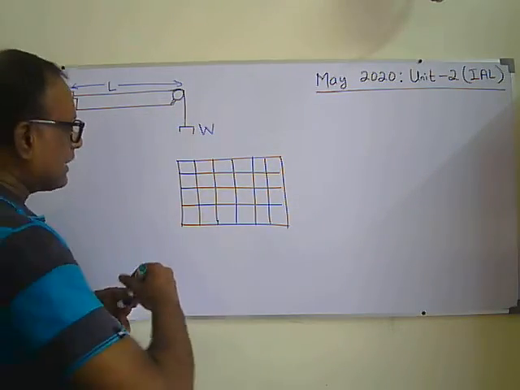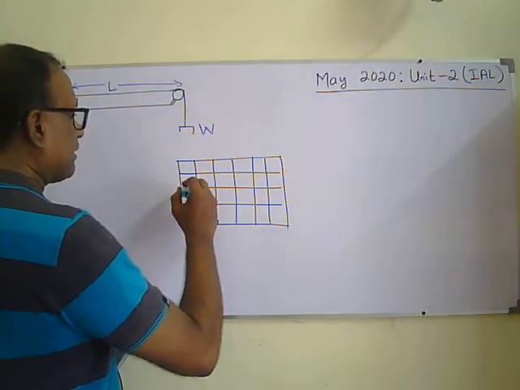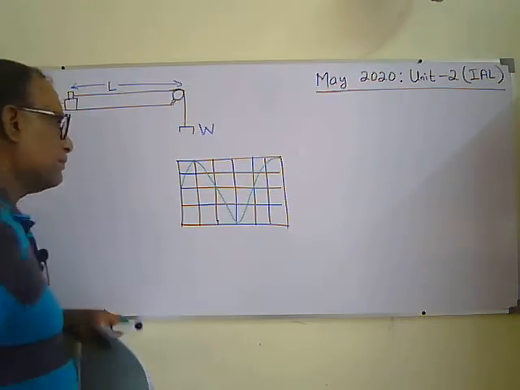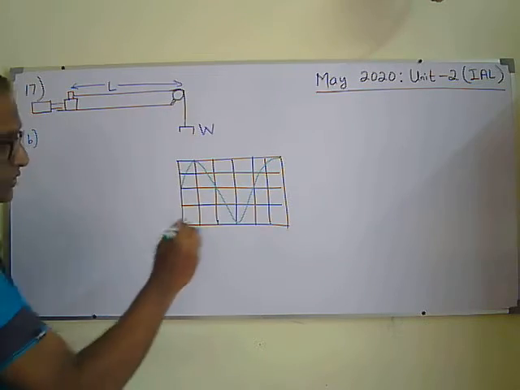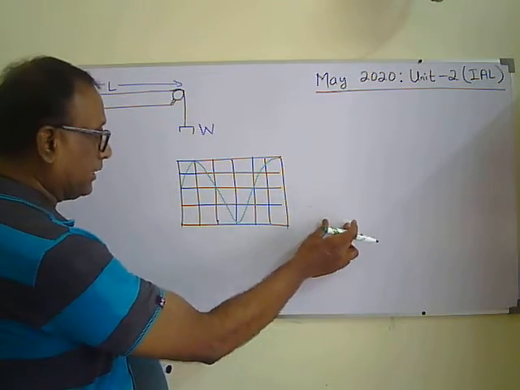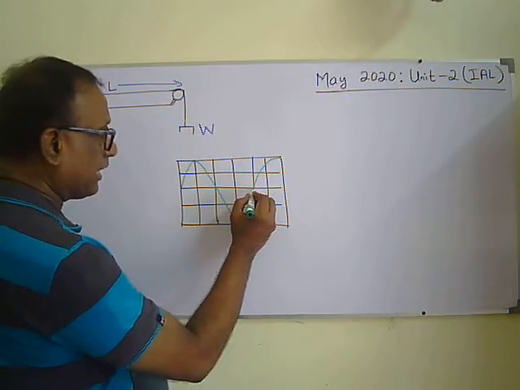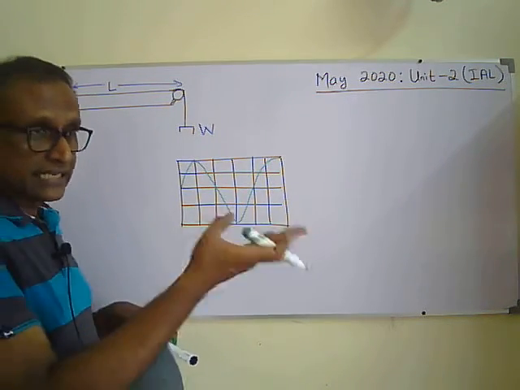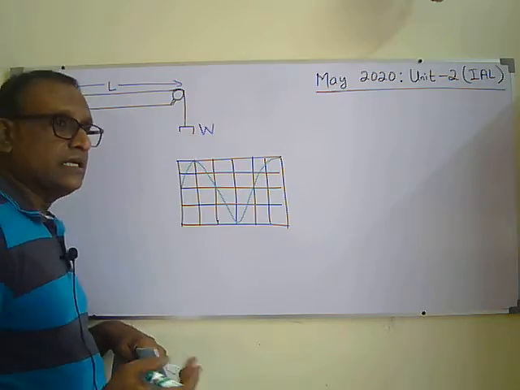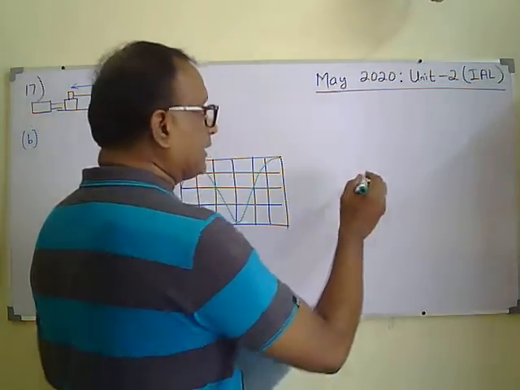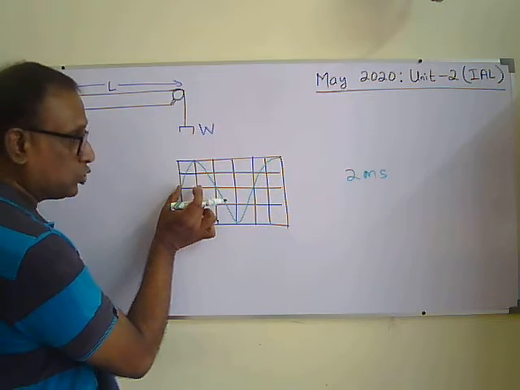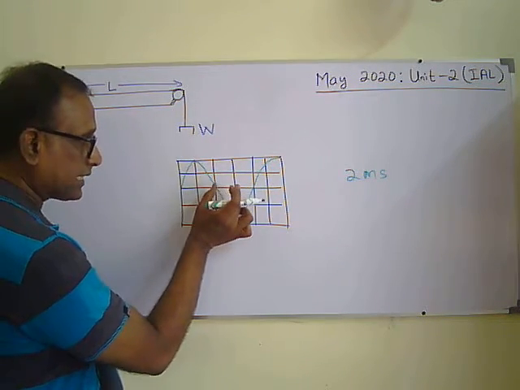Say for example, if you get a wave pattern something like this on the CRO screen, by using the time knob and these divisions, you can find the period of the output of the signal generator. For example, if the time base is kept at 2 milliseconds, then that means each division is 2 milliseconds, 2 milliseconds, 2 milliseconds, 2 milliseconds.